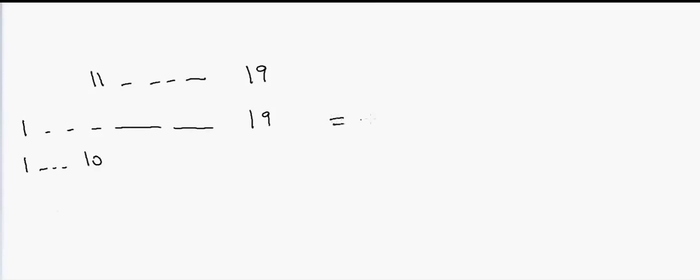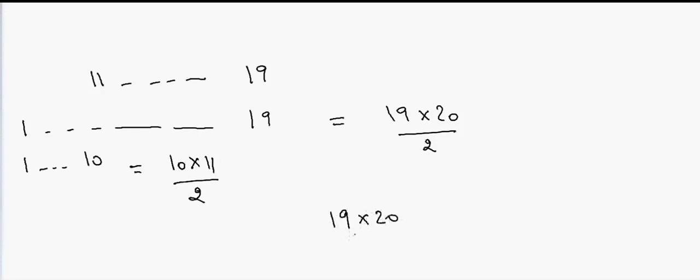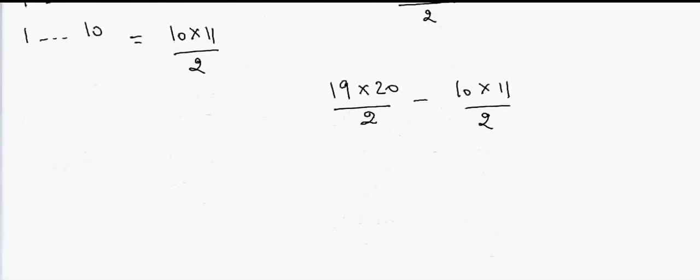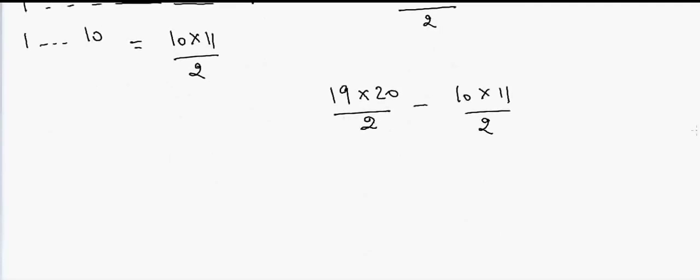So 1 to 19 will be equal to 19 into 20 divided by 2, and 1 to 10 will be equal to 10 into 11 divided by 2. So if I subtract both, that will be equal to 19 into 20 divided by 2 minus 10 into 11 divided by 2. So that's how I can do the addition in sequences which do not start from 1.